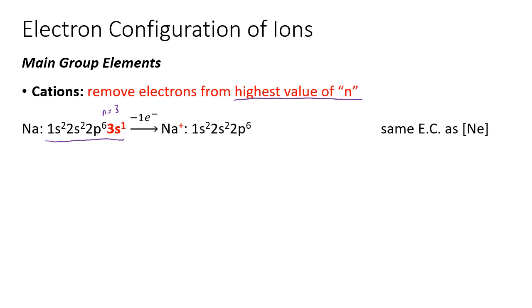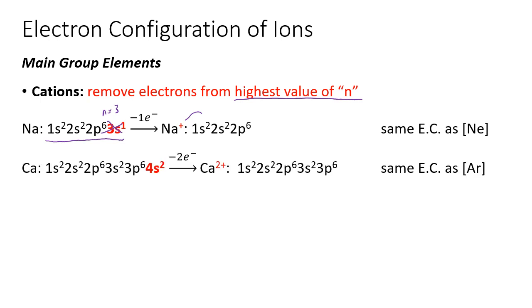So if we take away one electron from our neutral sodium atom, we're going to now have a sodium ion, and what we'll be left with is its electron configuration will be 1s2, 2s2, 2p6. That 3s1 electron got removed when it became an ion. And that electron configuration of a sodium ion would be the same as the preceding noble gas, which is neon. It has the same electron configuration as neon.